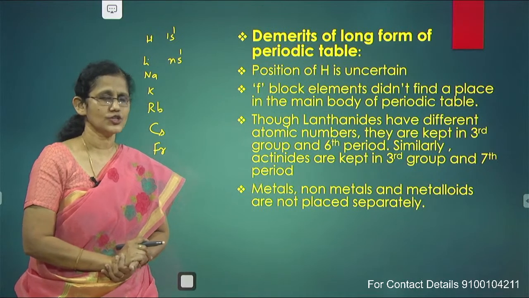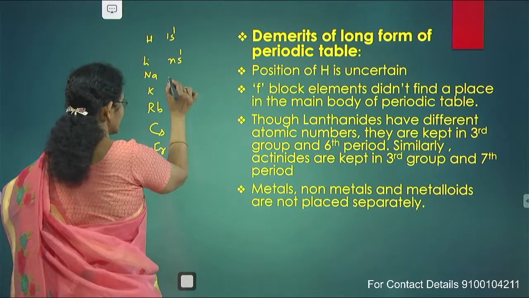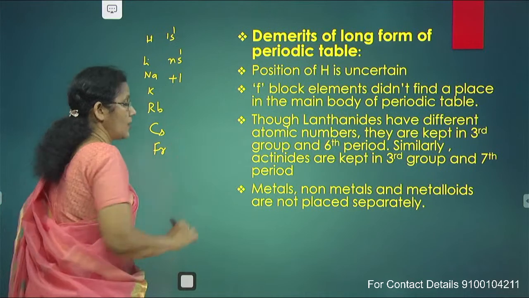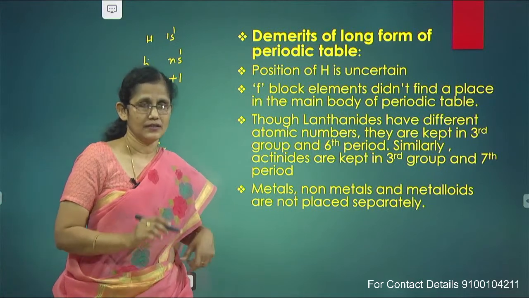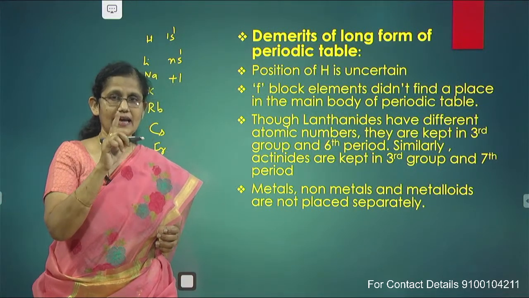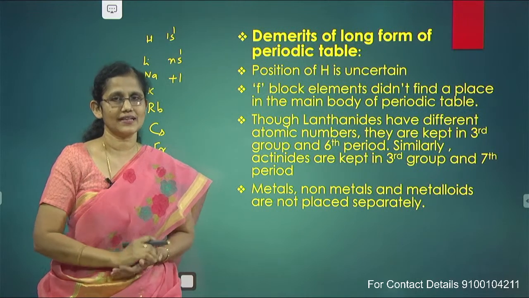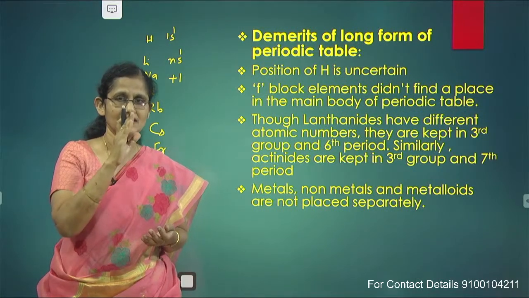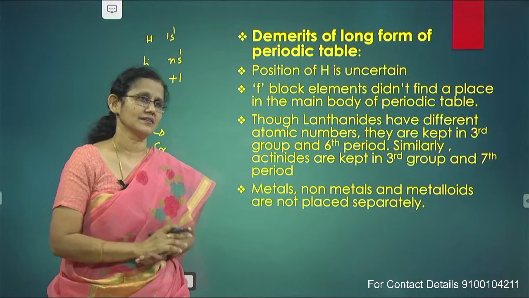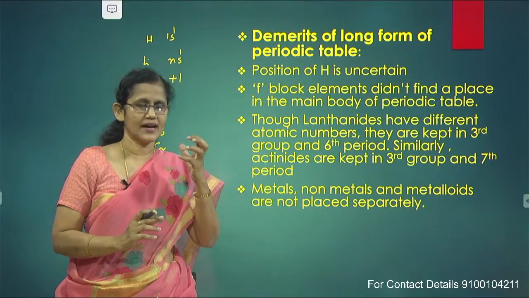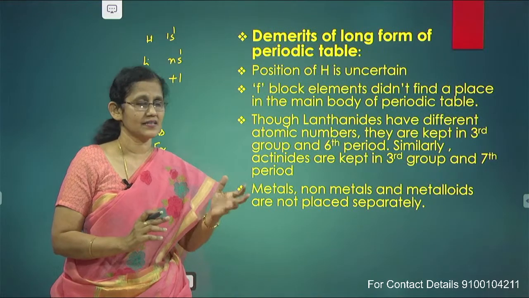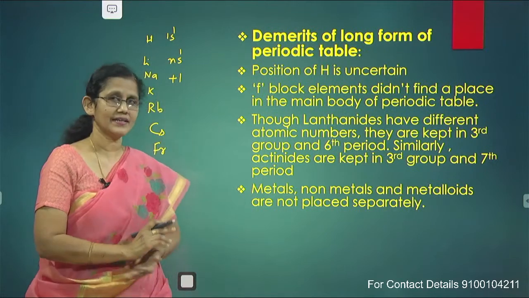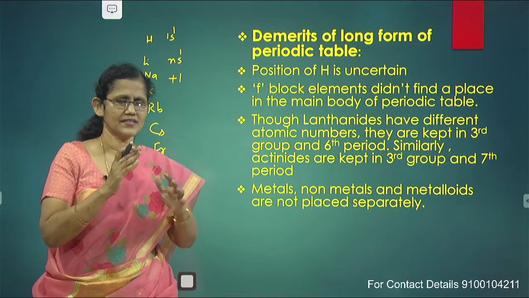So they can show +1 oxidation state. All first group elements, just like hydrogen, alkali metals can lose one electron, they can show +1 oxidation state. So in some properties hydrogen resembles first group elements, right, and in some properties hydrogen differs.